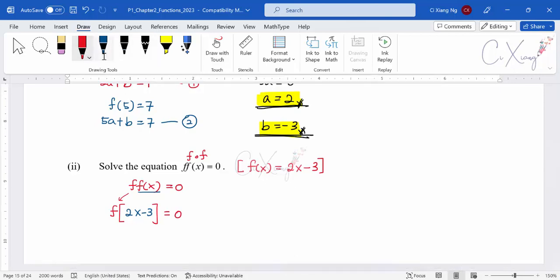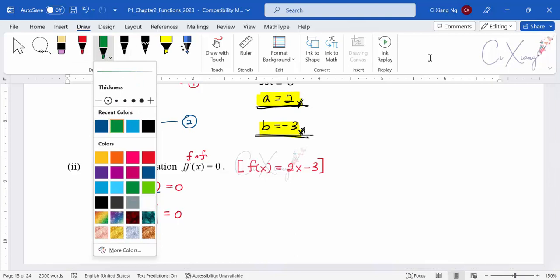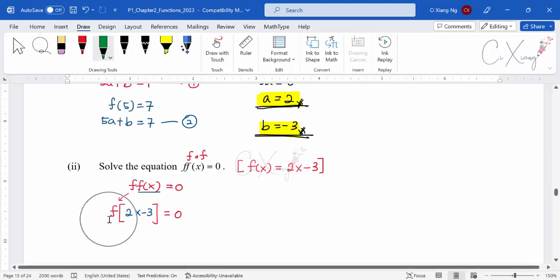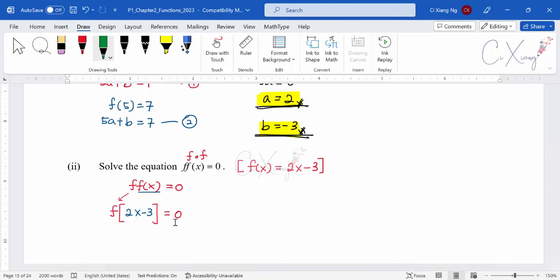Now if you continue to observe the next step, f of the bracket 2x minus 3 equals 0. What does it mean? You need to be aware that if f(x) equals 2x minus 3, then if I put x as apple, I have 2 apple minus 3.